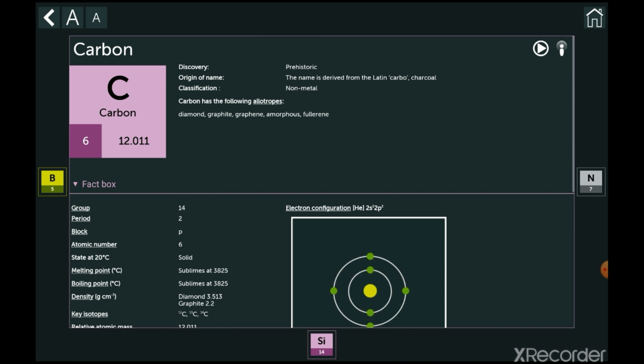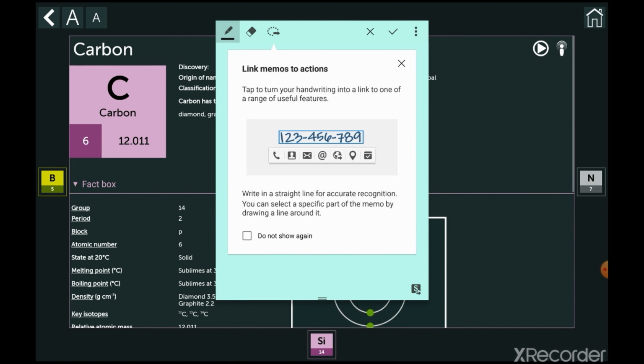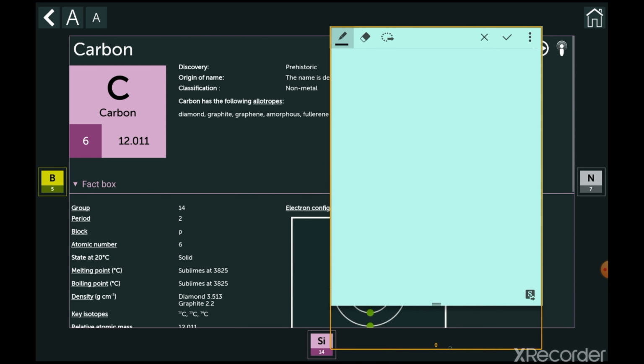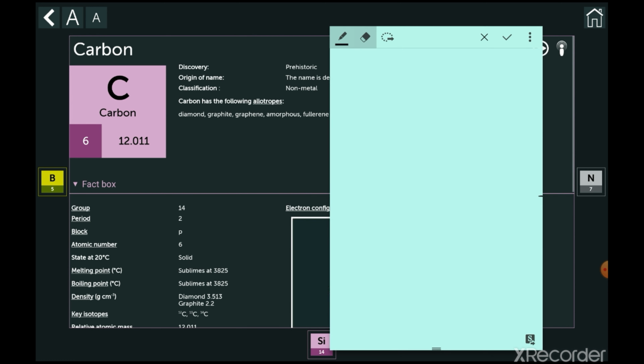Now, what I want to talk to you about especially today is the meaning of the atomic mass unit. I'm just going to open up this dialog box here and make a few notes. First of all, what is an atomic mass unit? We need to define what this is. It's also known as an AMU.